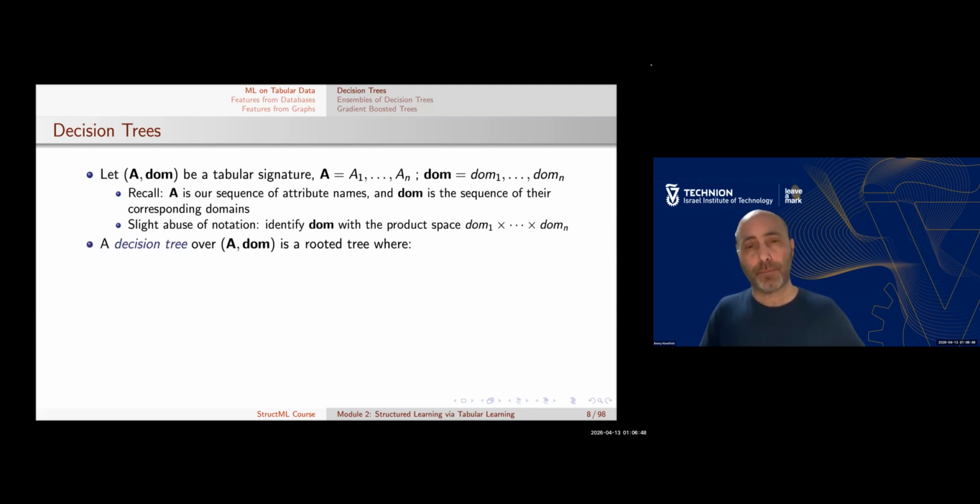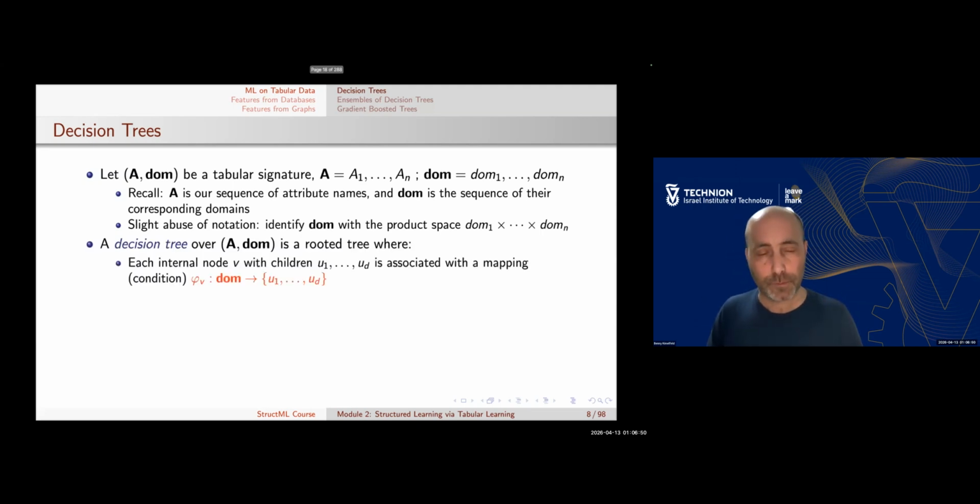So a decision tree is basically a rooted tree where every node V having children U1 to UD is associated with a mapping. This mapping takes a tuple and maps it to one of the children. So it's a function from the domain of sequences of values to the children.